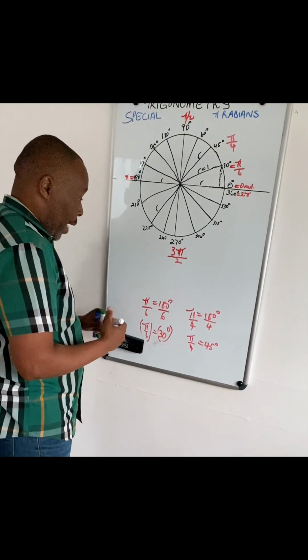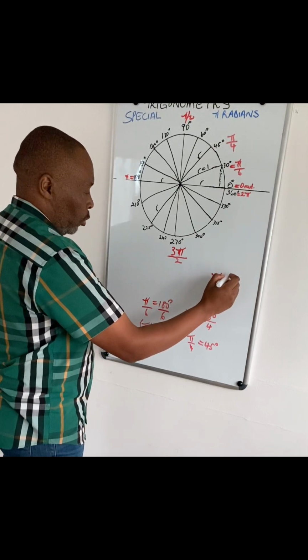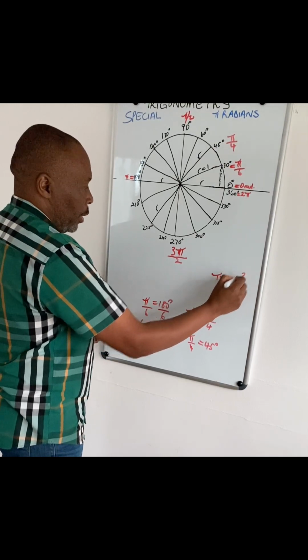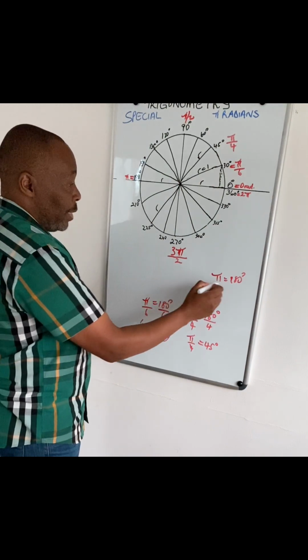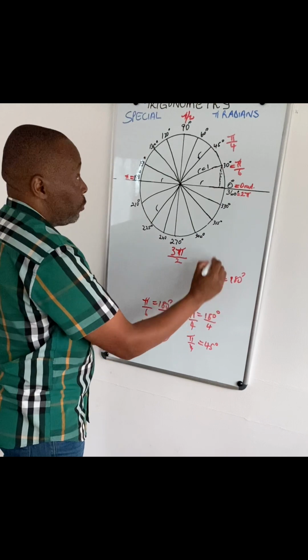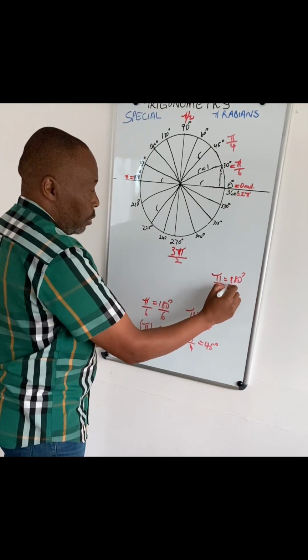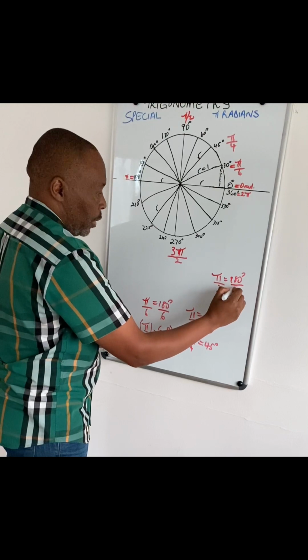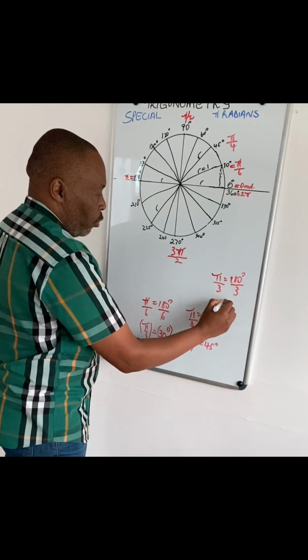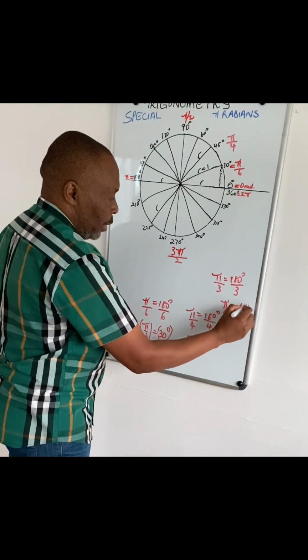We say pi is equal to 180 degrees. We divide this by 3 to get 60, 3 on both sides. Therefore pi over 3 is equal to 60 degrees.